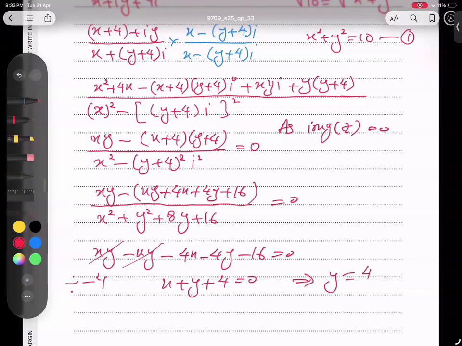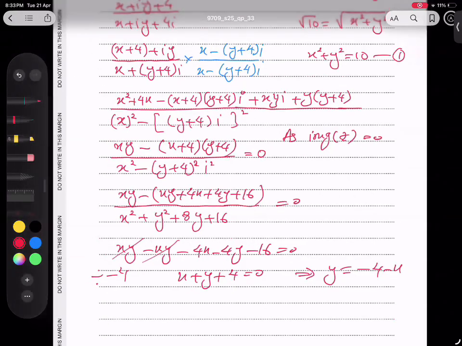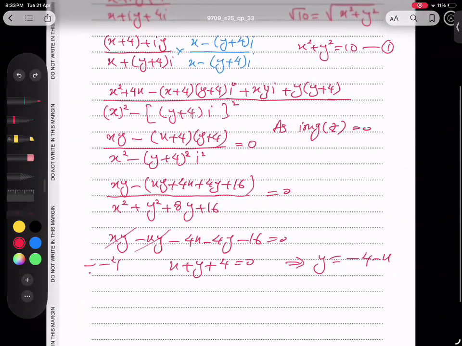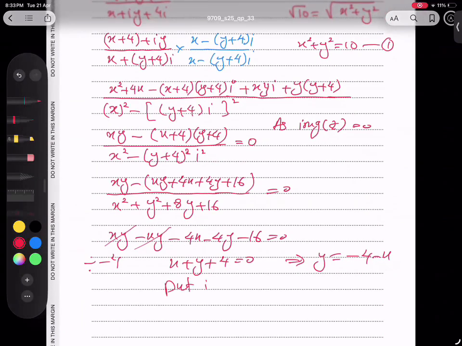So I'm getting y equals negative 4 minus x. This value of y I'm going to replace there. So x square as it is, and for y square I'm writing (4 minus x) whole square equal to 10.